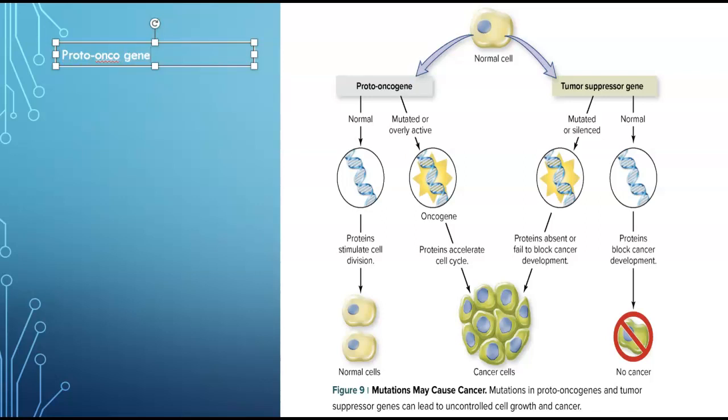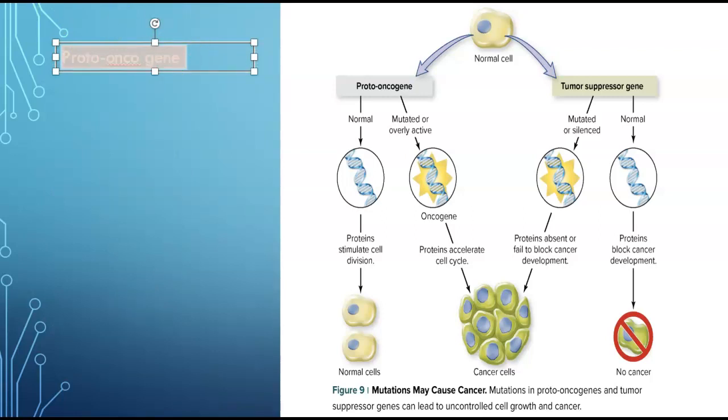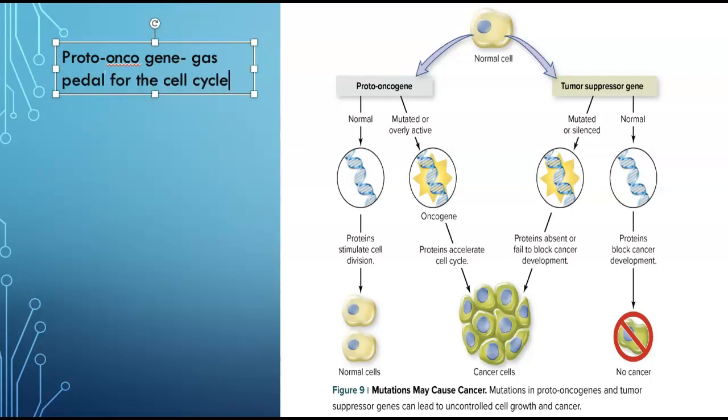So the proto-oncogene, it's kind of a funny word to be using, but molecular folks came up with that. So the proto-oncogene is literally, let's think about it as the gas pedal for the cell cycle.